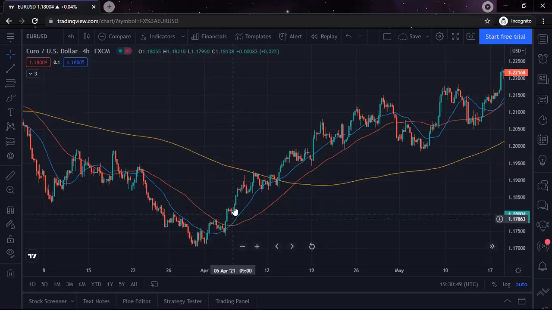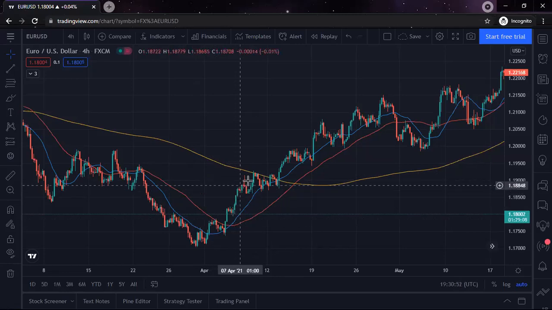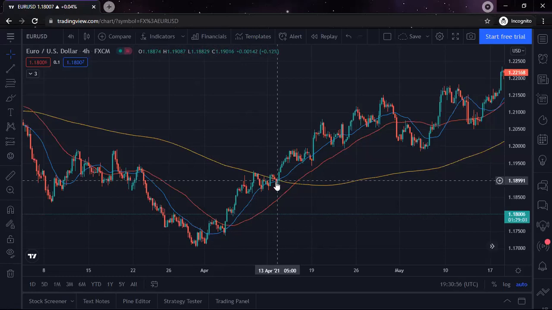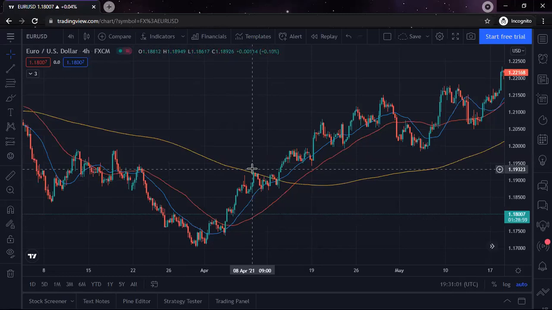So when this crossed, we wait. Price went up all the way here, and then the price started closing above this 200. As I told you yesterday, when price starts closing above the 200, it means the trend has somehow stopped from the downtrend and is now starting, or has already started, an uptrend.